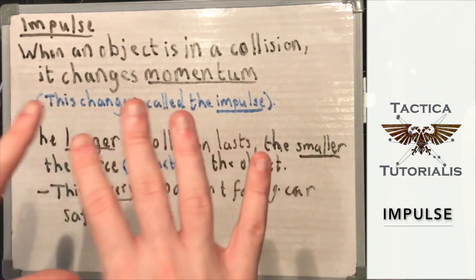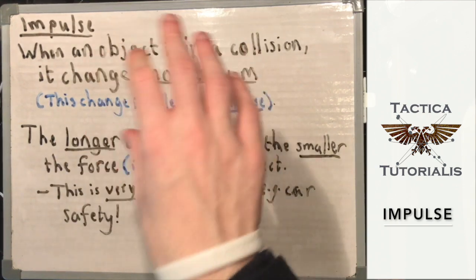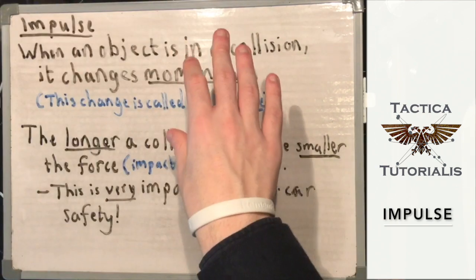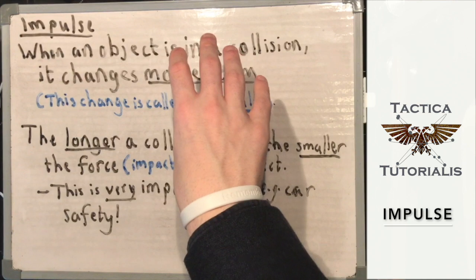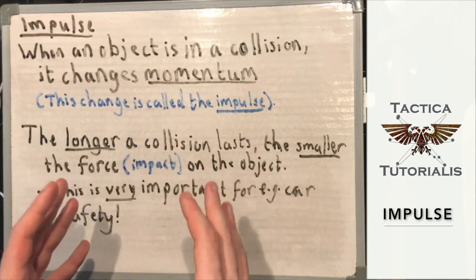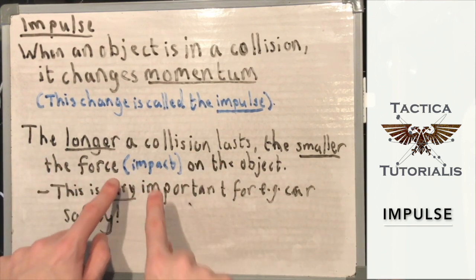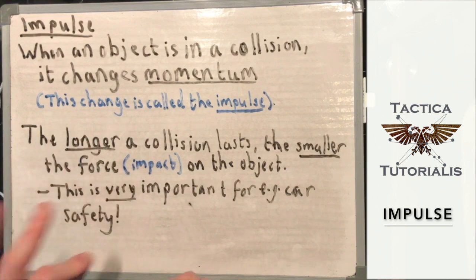You're going to do a couple of questions about this in a couple of minutes, but there are many examples where the momentum can do a lot, but there is a change regardless. And that change in momentum causes a force to be applied to the object. And we call that force the impact.